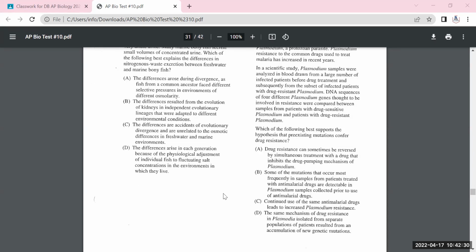Okay. So again, best evidence for that: some of the mutations that occur most frequently in samples from patients treated with antimalarial drugs are detectable in Plasmodium samples collected prior to use of antimalarial drugs, right? So this is not a new mutation that is being seen, right?